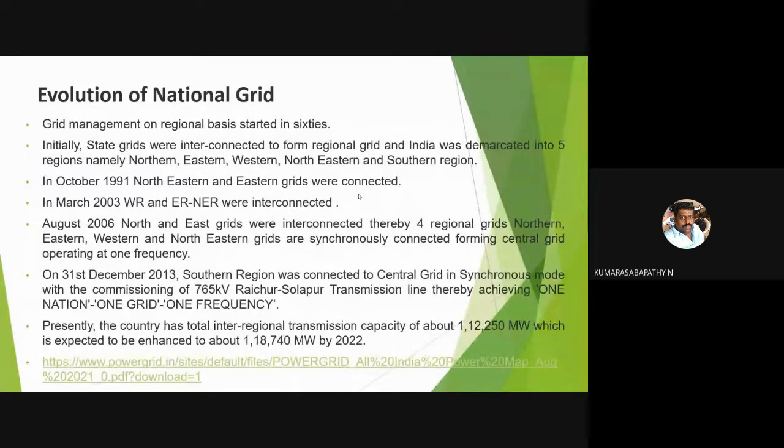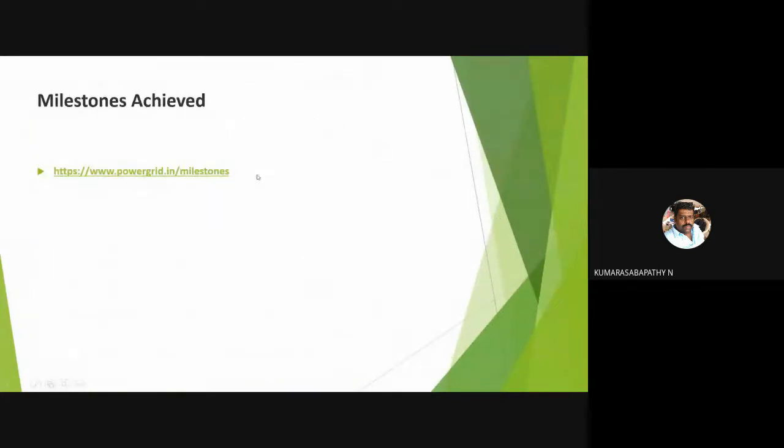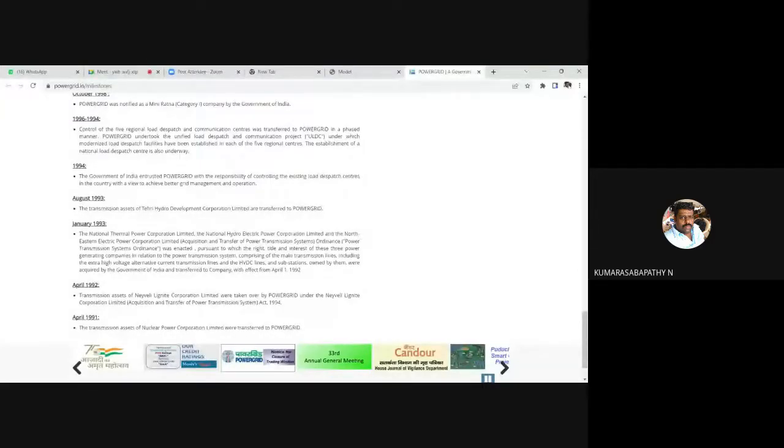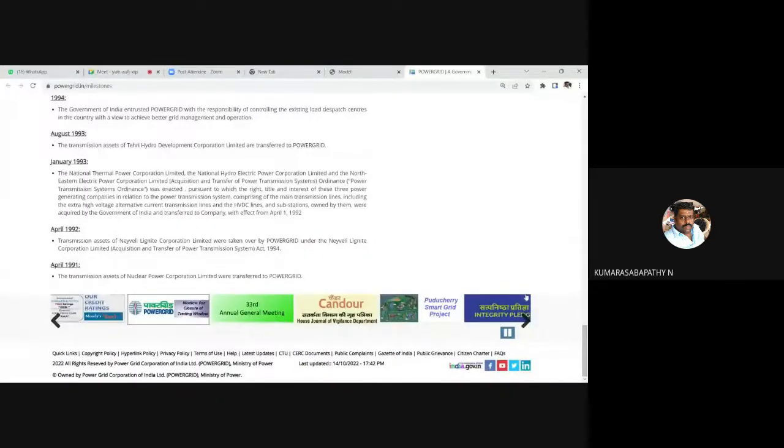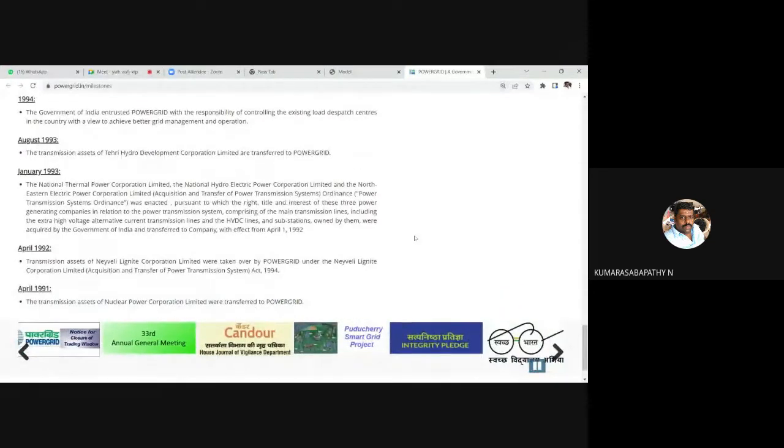Here are the details about the milestones achieved in the grid.